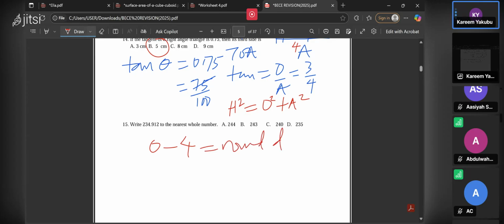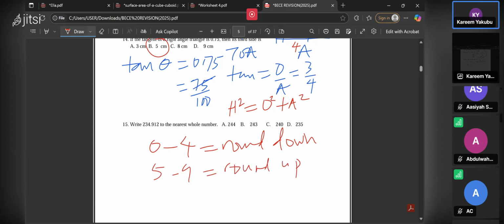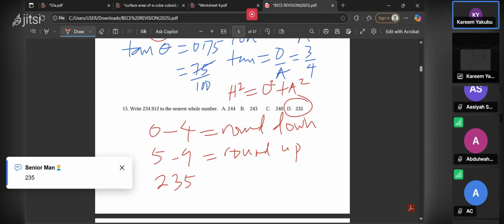That means you are not going to add anything to the number. But if it is from 5 to 9, you round up. So in this case, we are going to round up, and that's going to give us 235. That is the option here. I hope it's clear.